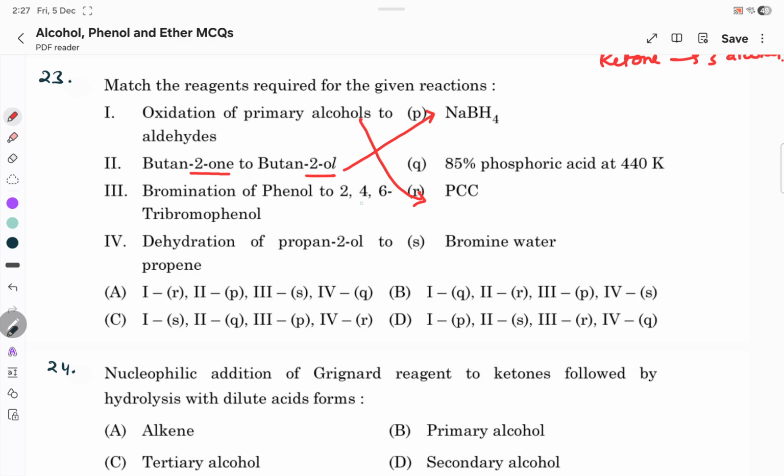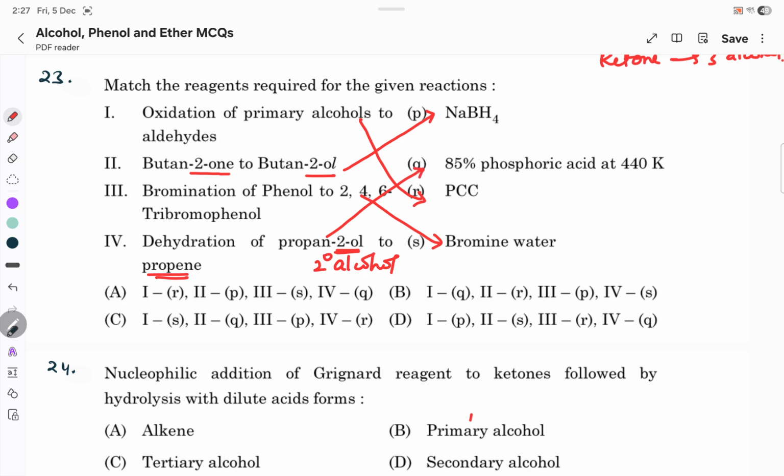Bromination of phenol to 2,4,6-tribromophenol is with bromine water. And dehydration of propane 2-ol, a secondary alcohol, to propene. For secondary alcohol, usually the dehydrating agent is 85% phosphoric acid.